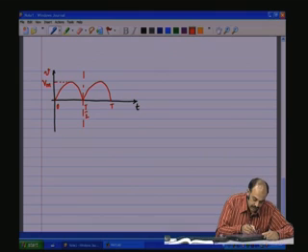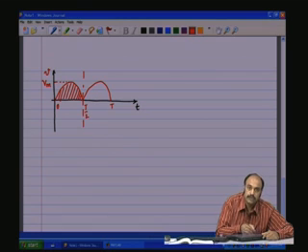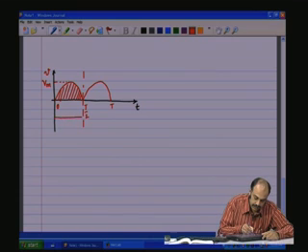So, what is the area under this curve? It is the integral of this curve which will give you the area of the curve. So, the integral of the curve divided by the base, which is T by 2, will give you the average value.